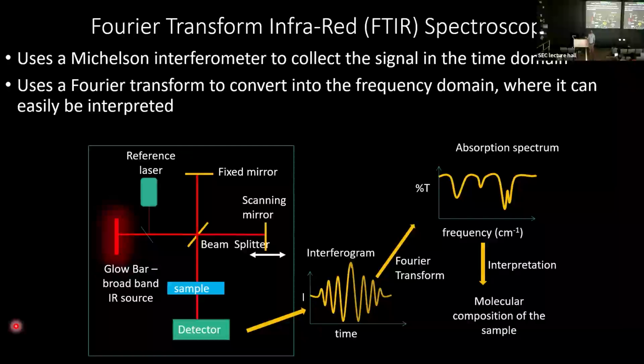So when the fixed mirror arm and the scanning mirror arm path lengths are exactly the same distance, then we get constructive interference because everything is in phase. If they're half a wavelength out of phase, then we get destructive interference. Because it's broadband, different wavelengths will come in and out of constructive or destructive interference at different positions.